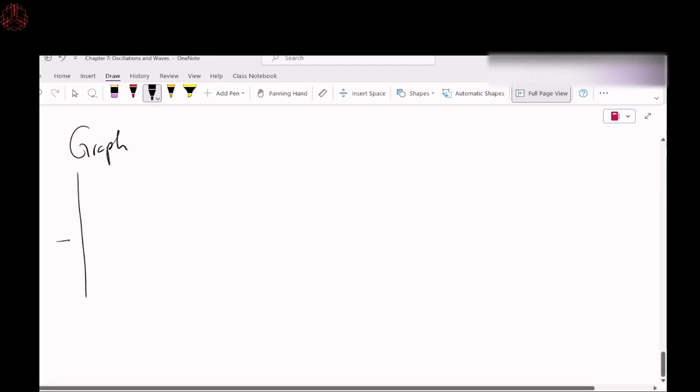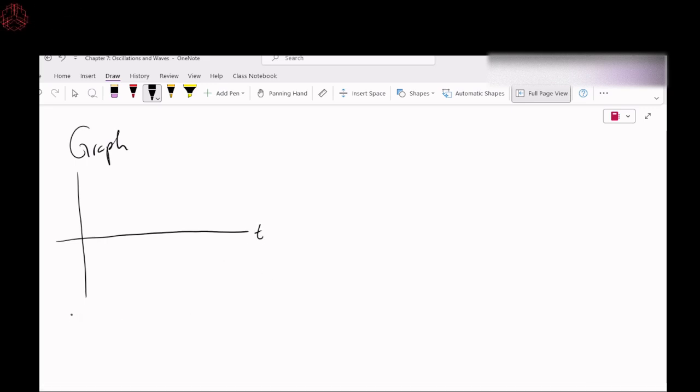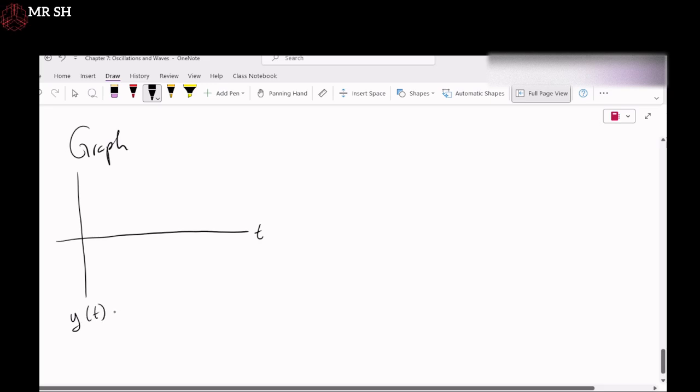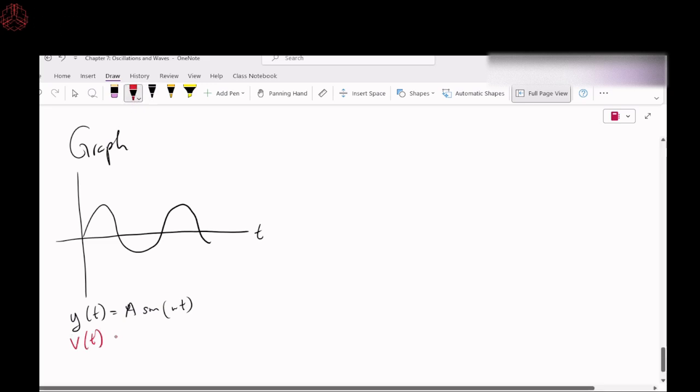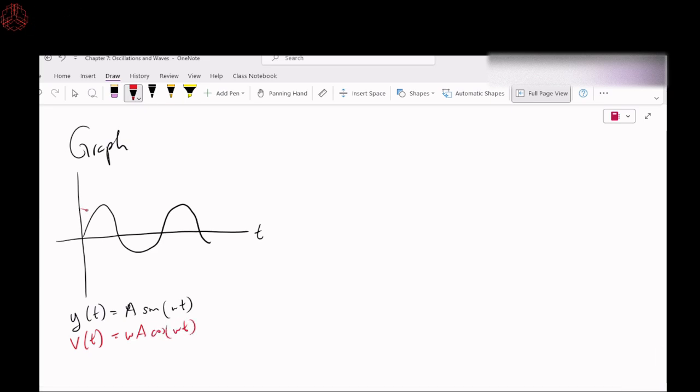The first part is that we're going to graph as a function of t. Let me remind you that my y(t) is equal to a sin omega t. So that's a sine function. And I want to remind you also that my velocity as a function of time is omega a cos omega t, so it's going to start from the peak.